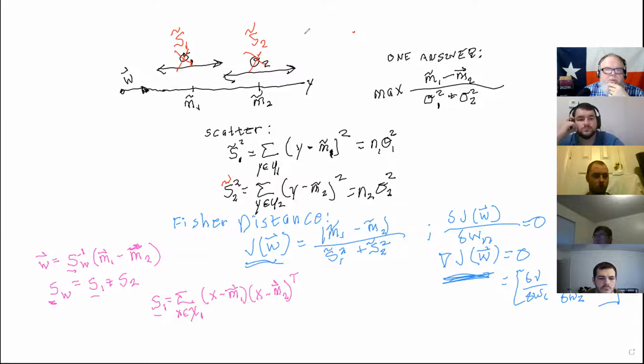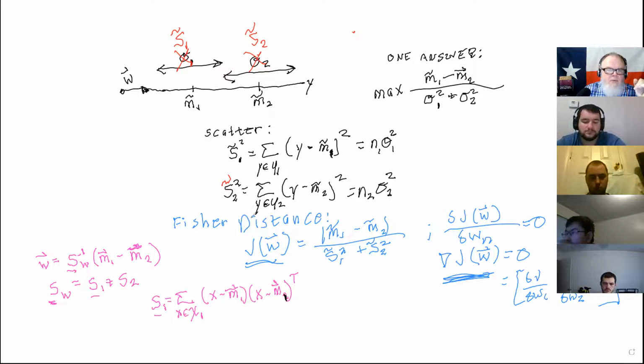Now you notice here that there are two ways to multiply matrices or vectors together. You can multiply two vectors together and get a scalar, or you can multiply two vectors together and get a matrix, right? This is the case where we're multiplying two vectors together and we're getting a matrix. So we're multiplying, for each one of the elements, x minus M1, and this should be an M1, by the way, and we're taking the so-called outer product. The inner product is where you get a single number. The outer product is where you get a matrix. So we're taking an outer product of all of these products, and that's going to be the scatter matrix.